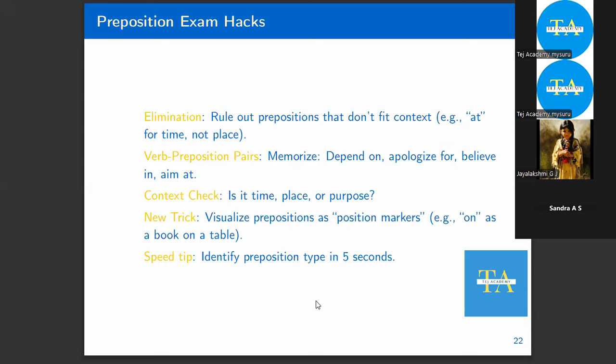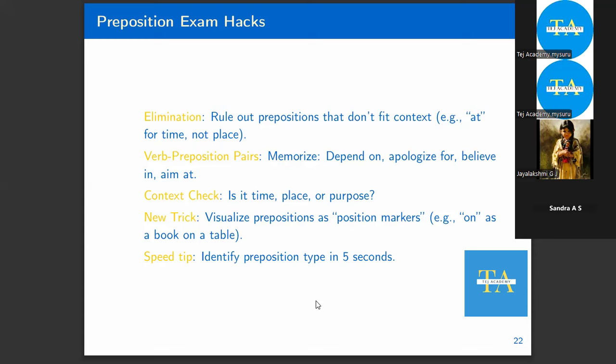And context check: is it time, place, or purpose? We already discussed this. If it's about time, we have specific prepositions which will be used with them, and the same with place or purpose. And one more trick is to visualize the prepositions as position markers.